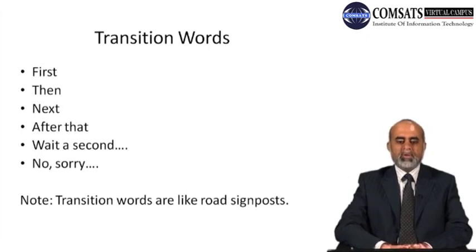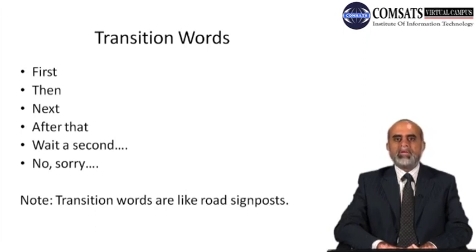To give you an example, I can say that transition words are like road signposts. So if you are traveling towards Lahore from Islamabad on the motorway, you will find various signposts on the road. You will know where the exit is, you will know where the next intersection is.